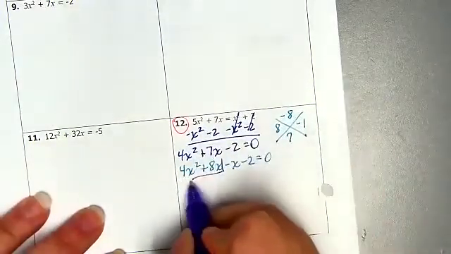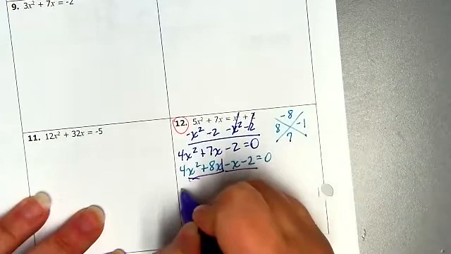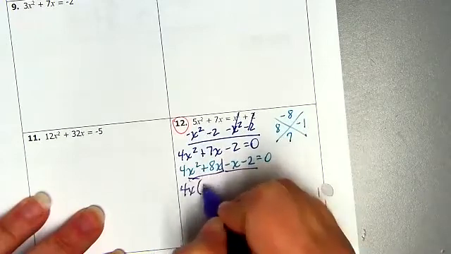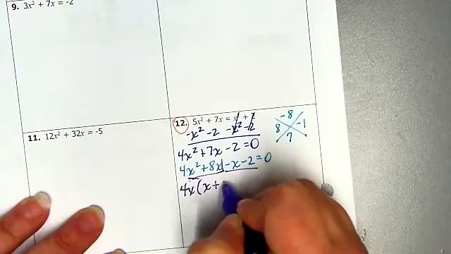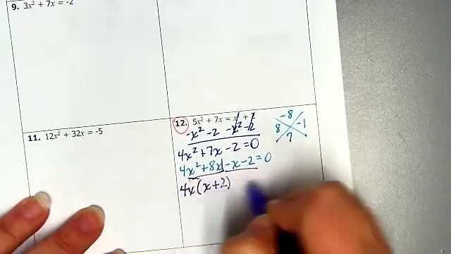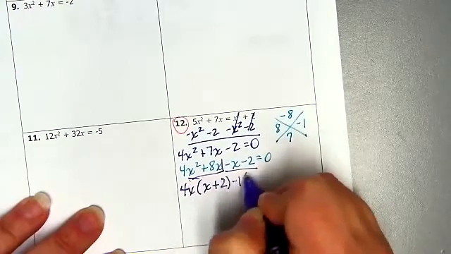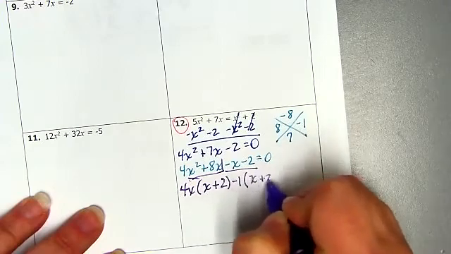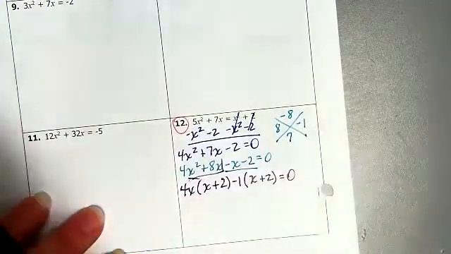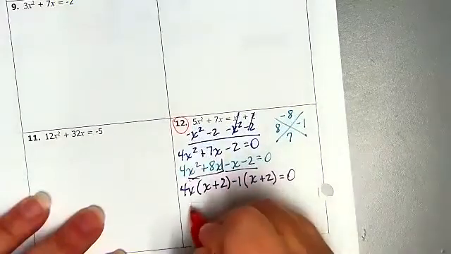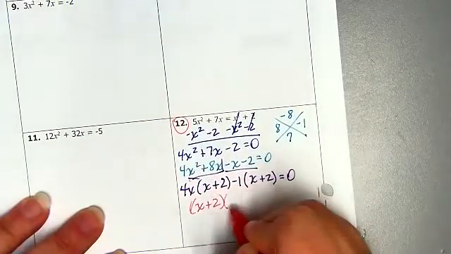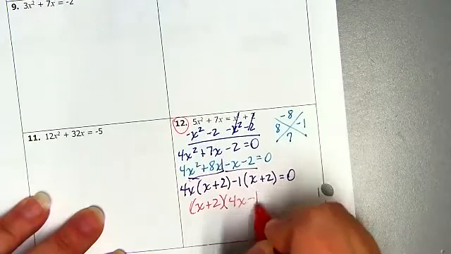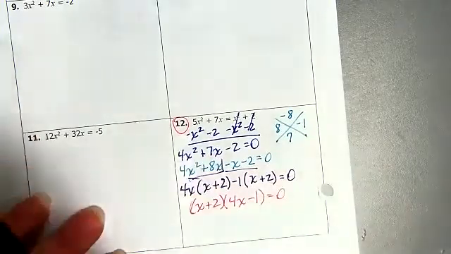And now we factor. I have 4x, so that's going to leave me with x plus 2. Factor out a negative 1, and I'm going to have x plus 2 equals 0. And now I'm going to have x plus 2 times 4x minus 1 equals 0.